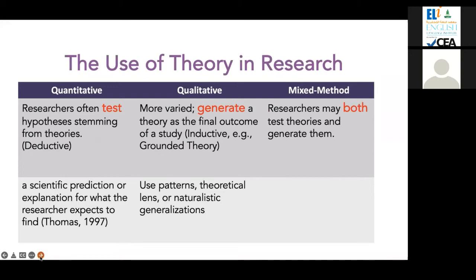So in quantitative research, the researchers often test the hypothesis, and the keyword here is test. In qualitative research, they generate theory by looking at and using patterns and naturalistic generalizations. Now, in mixed method, we do both. They test theories and they generate theories. So both are actually taking place under mixed method research.